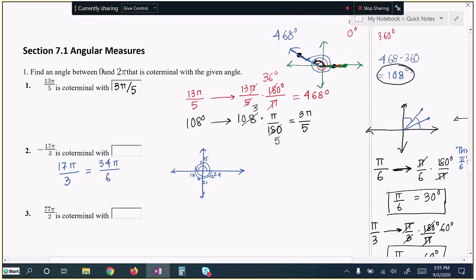So now what? We're going to start counting from 24 to 27, 30, 33, and remember I need one more, so here. So that is the actual angle in the positive direction. So this angle is 34 pi over 6.